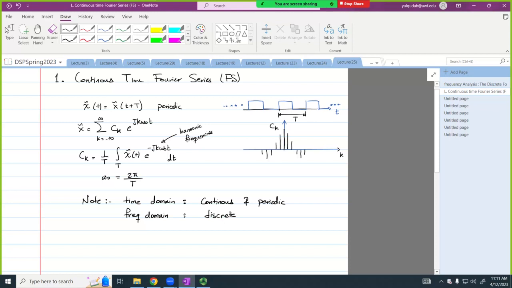So this represents the time domain, and this is the frequency domain. What the Fourier series says is that you can write this signal in terms of these frequencies: C0, omega 0, C1, omega 1, C2, omega 2, and so on. Does that make sense, everybody?